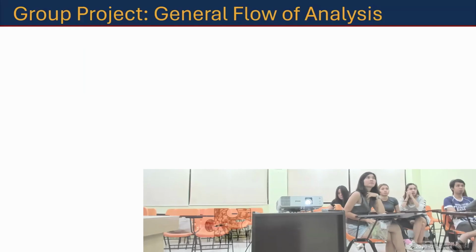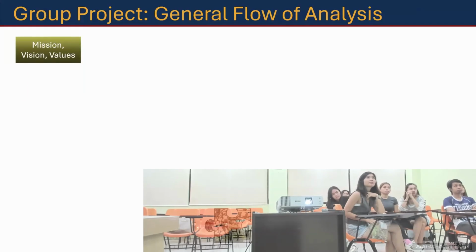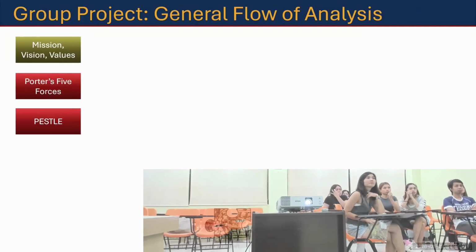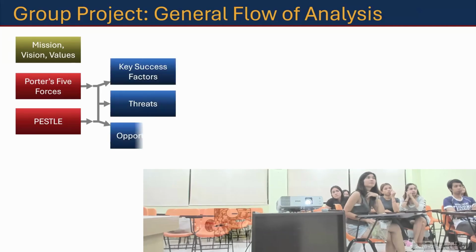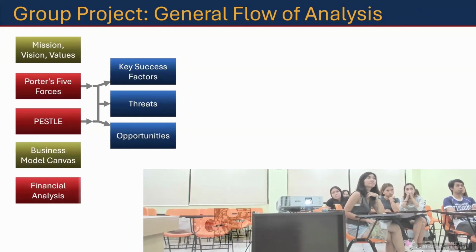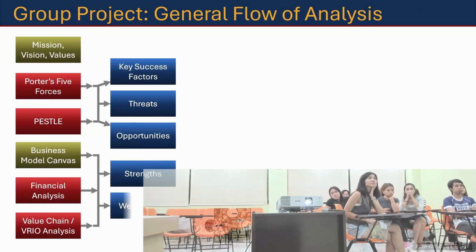What is the general flow of your analysis? You start, of course, by looking at the mission, vision, and values, and you conduct external analysis, which will allow you to determine the key success factors, the opportunities, and the threats. An internal analysis will let you determine the strengths and weaknesses of the company.